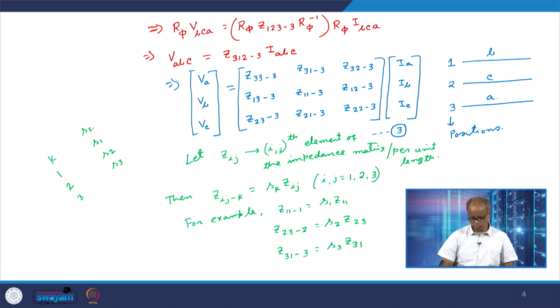So for any section the total impedance can be found by multiplying the per unit impedance element by the corresponding length of the line.